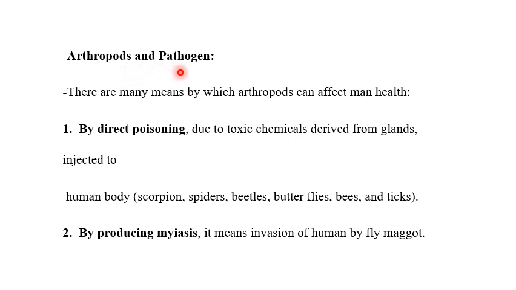Arthropods and pathogens. There are many means by which arthropods can affect man's health. First, by direct poisoning due to toxic chemicals derived from glands and injected into the human body, like scorpions, spiders, beetles, butterflies, bees, and ticks. Or by myiasis, which means invasion of a human by fly maggots.